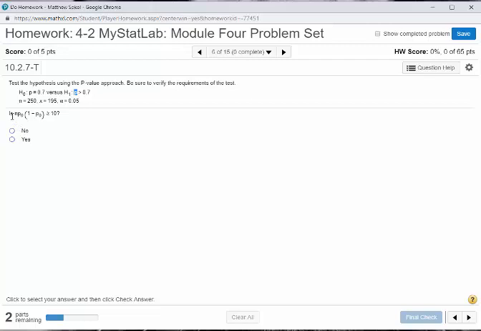The first part it says is n times p naught times 1 minus p naught greater than or equal to 10? Well, p naught is the value here, P equal to 0.7, the believed population proportion.